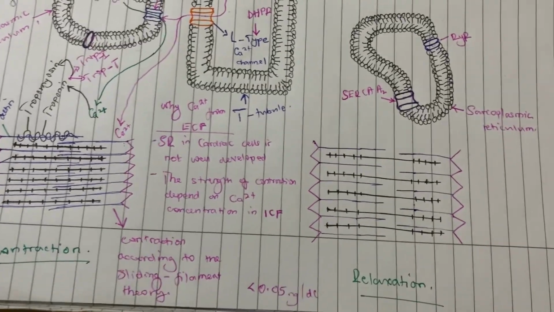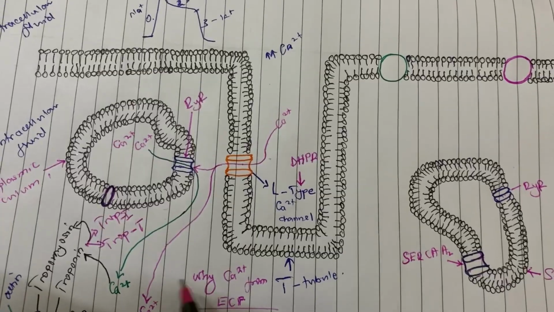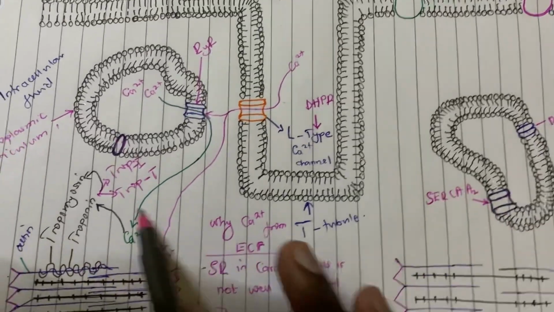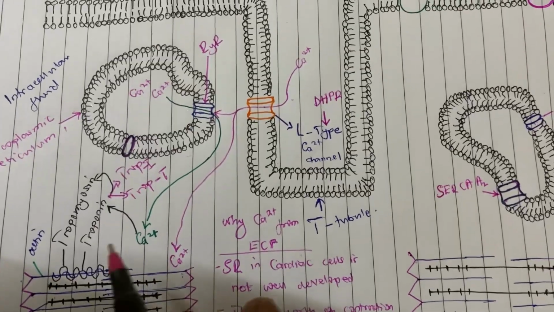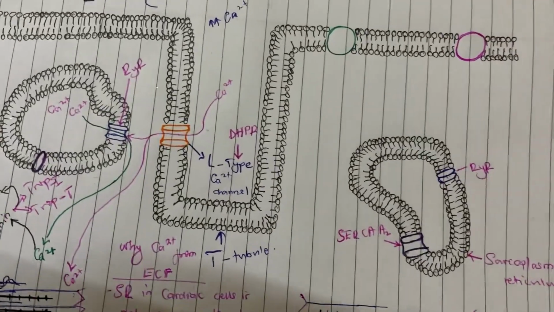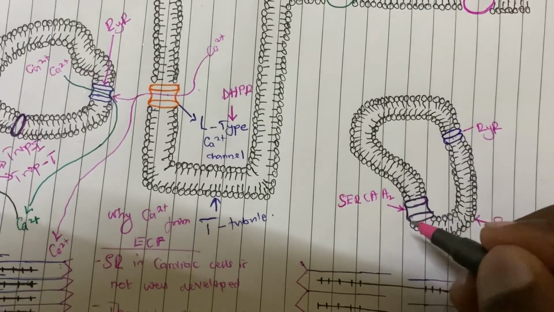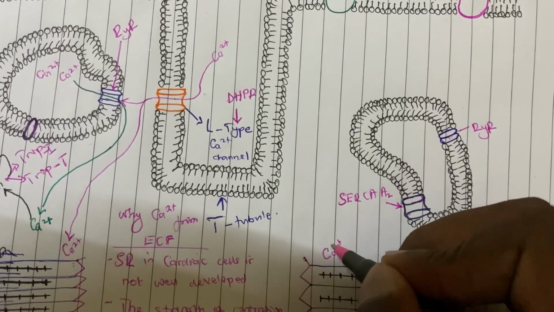So to terminate the contraction, we need to reduce the amount of calcium in the cytoplasm around the contractile element. And one way to do that is this guy here. We have calcium here, it was binding.